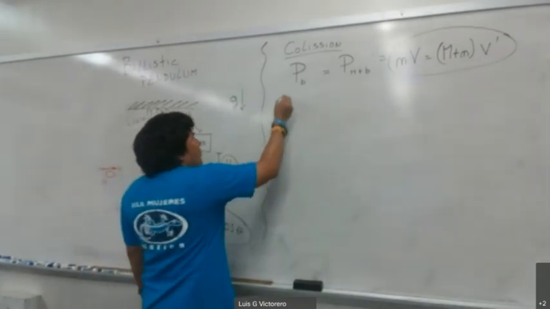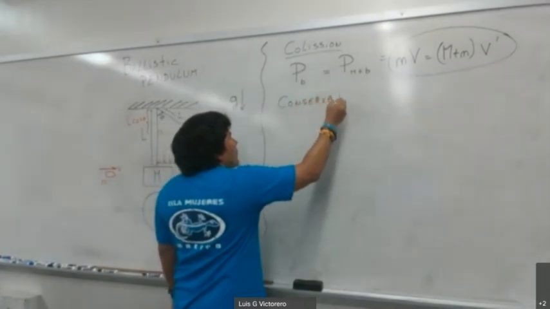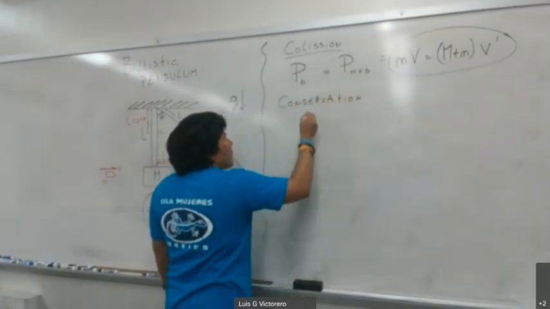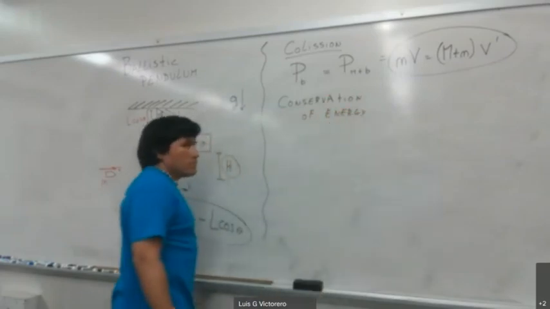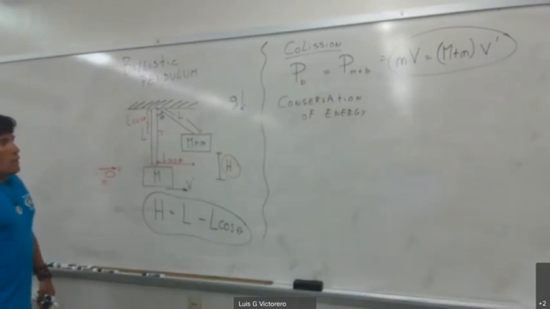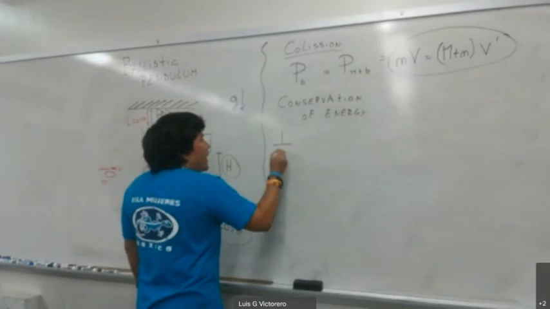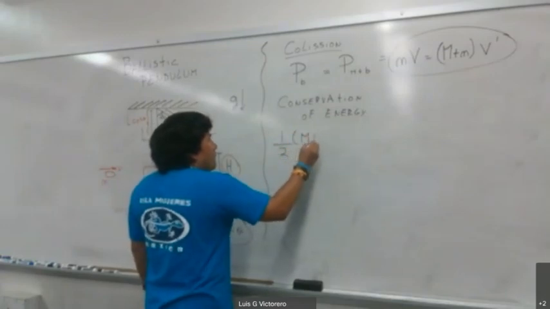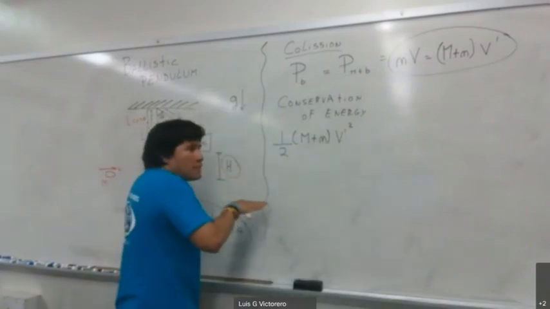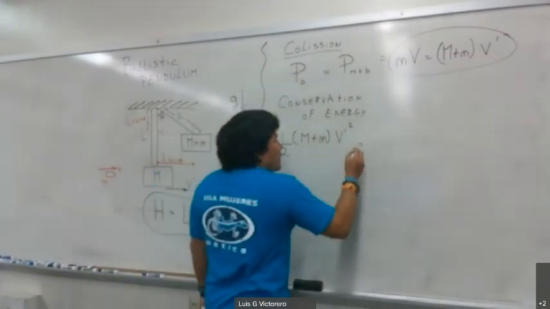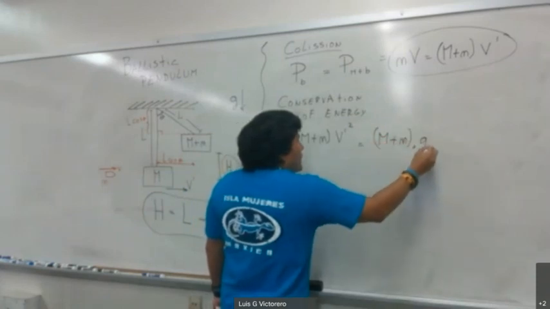Now the energy, conservation of energy. We have 1/2 m plus little m v prime squared, that's the energy it uses to take off, equals to m plus little m times gravity times height.